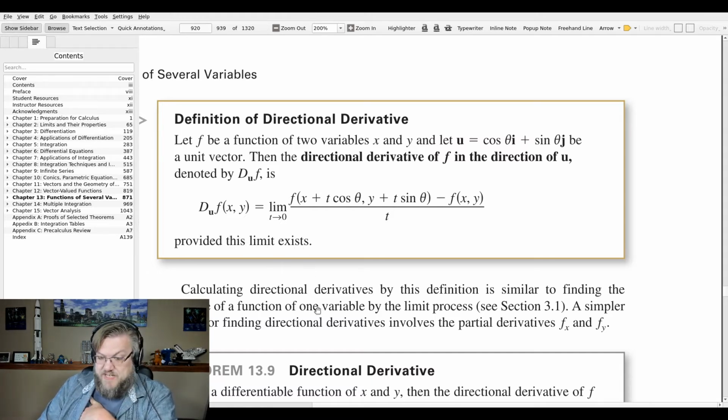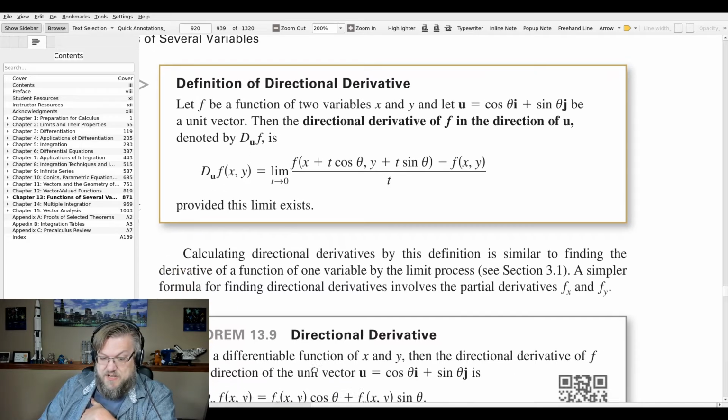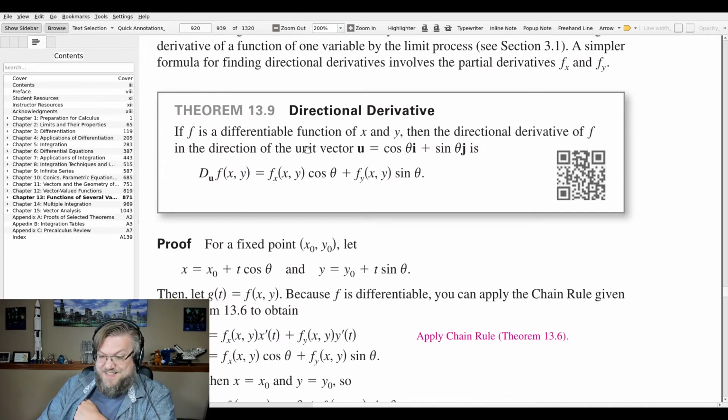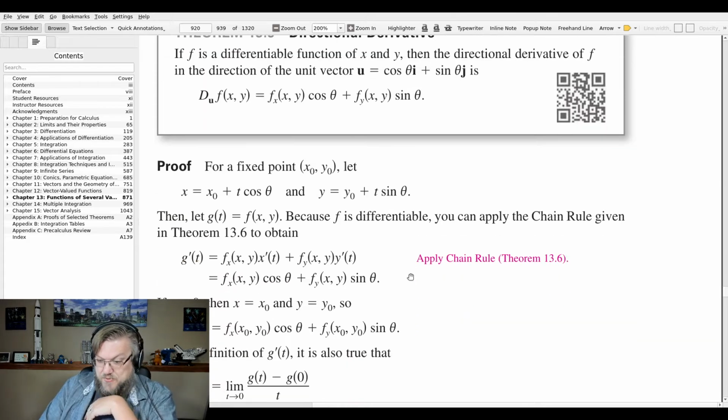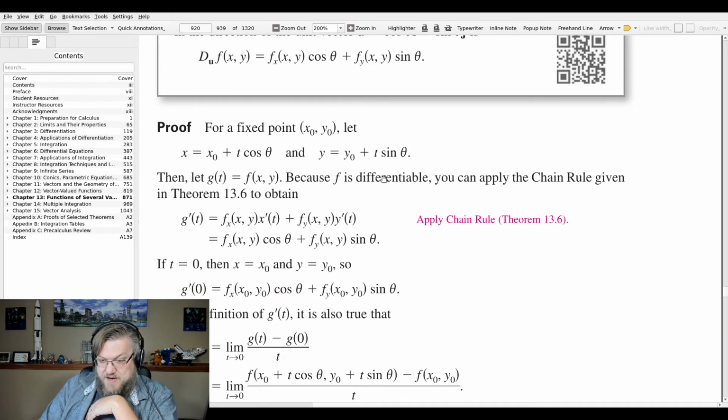Now, one thing that we're going to make really good use of here, and this is where you want to start writing things down, is how can we calculate this? And there's this really cool connection between the directional derivative and the partials that we already know how to calculate. And it ends up being this formula right here. So this is what I'm going to write down on paper. And look at the proof of this. Do you see buried in here?